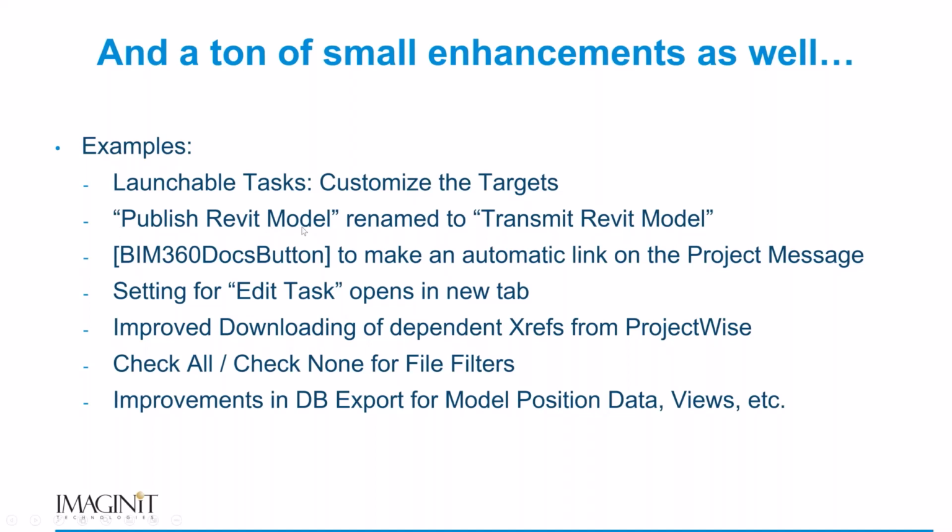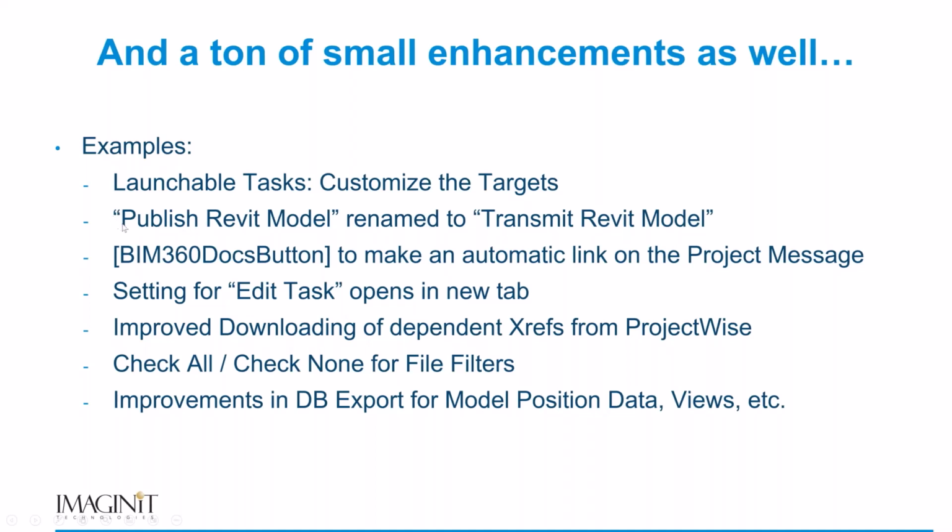This is another one where we've sort of bowed to pressure. It's less of a feature and more just an FYI that we have renamed the publish Revit model task to transmit Revit model. Publish Revit model, we called it this going back to 2012 or thereabouts, when we were talking about pulling files out of Revit server and putting them on disk so that you could work with them that way.